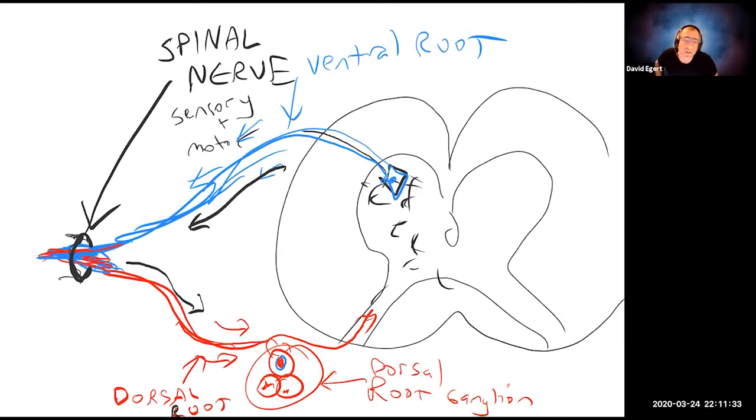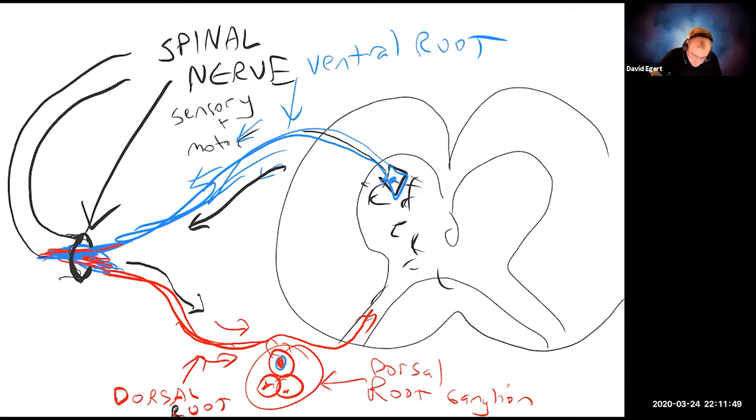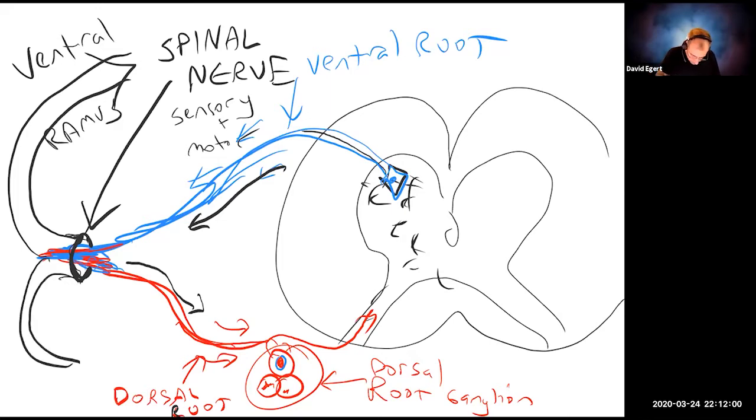Again, a nerve is just a bundle of axons, and it's both sensory and motor bundled together, which is going to then zip around to different places in the body. There's a fatter part of it that goes towards the front called the ventral ramus, and then a smaller branch that goes backward called the dorsal ramus.